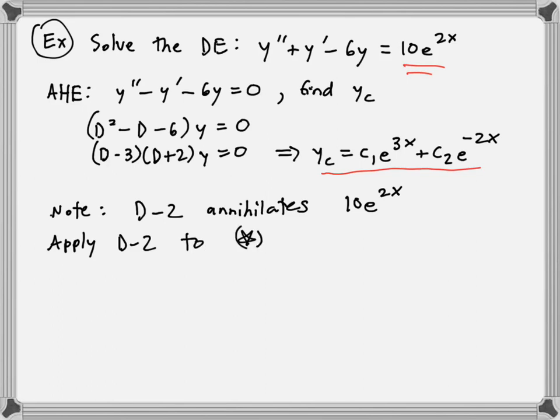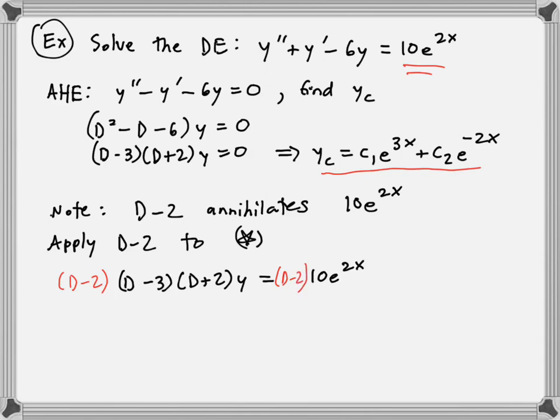So what is our differential equation? Can't I write our differential equation like this? d minus 3, d plus 2, y is equal to 10 e to the 2x, right? So I'm going to apply the annihilator d minus 2 to the left, and I'm also going to apply it to the right.